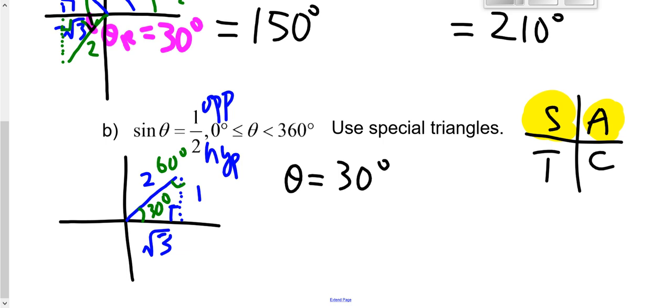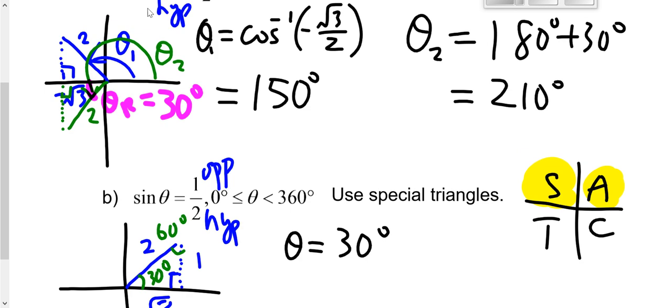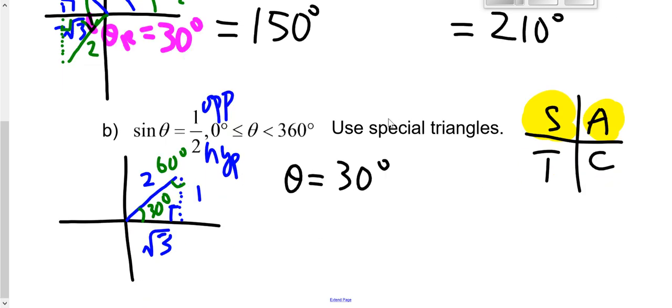Okay, and then you can actually do it the same way we did for the last question, but just to follow the instruction, use special triangles. We know that we are going to have another answer in quadrant 2 because sine is positive over there.